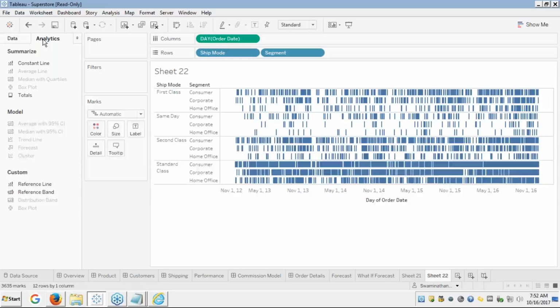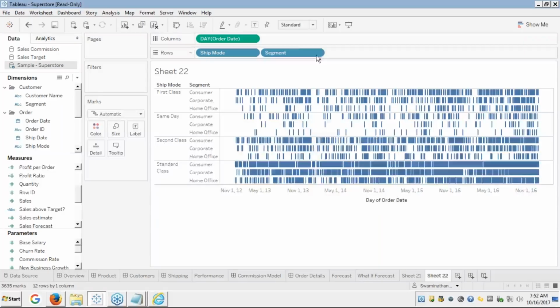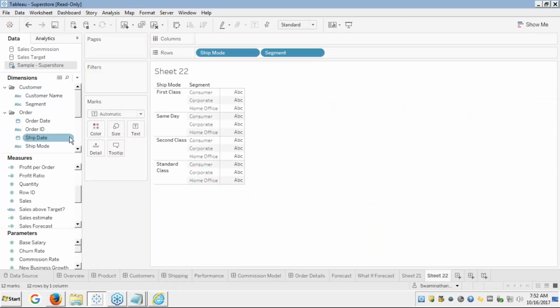Now let me see if clustering option got enabled. See, it's not getting enabled for me now, friends. The reason is the data you are having should be able to create some clusters out of that data. So unless I do that, this will not be able to help me out. So I'm just taking the sales numbers, dropping it now.